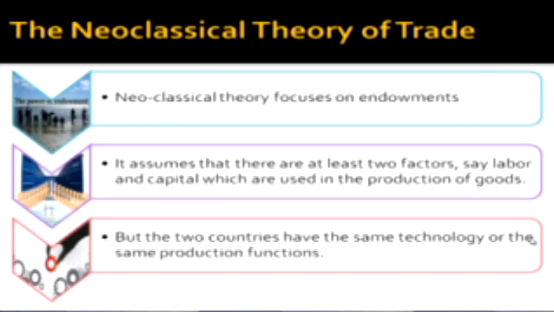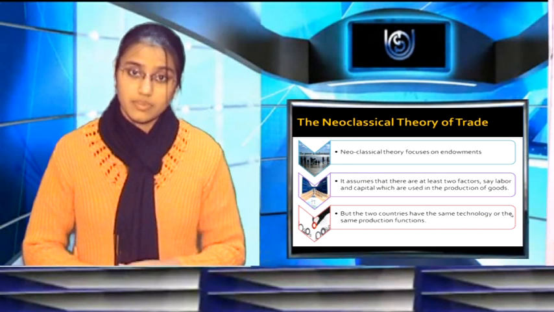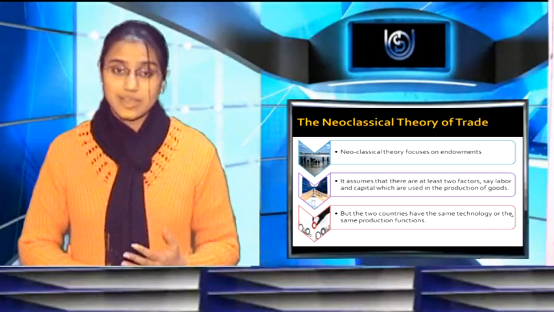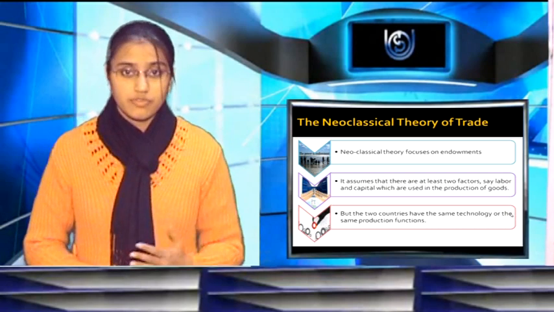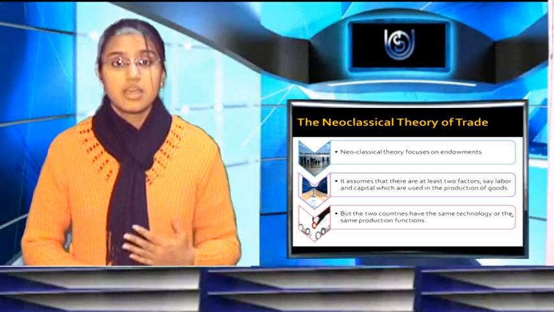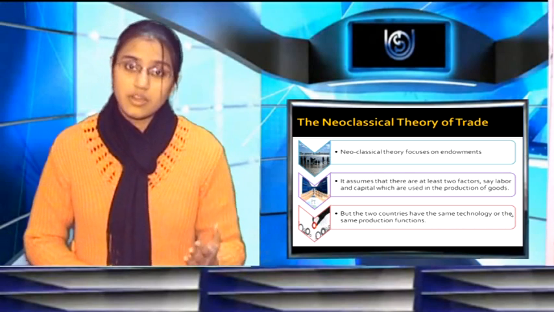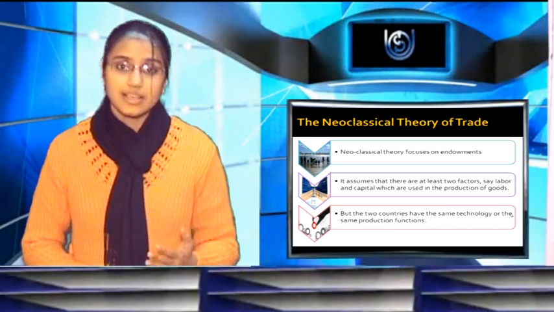Now, in this session, we are going to discuss the neoclassical trade theory. In the previous session on international trade theory, we discussed the Ricardian model. The Ricardian model discusses trade between two countries that differ in their technology.